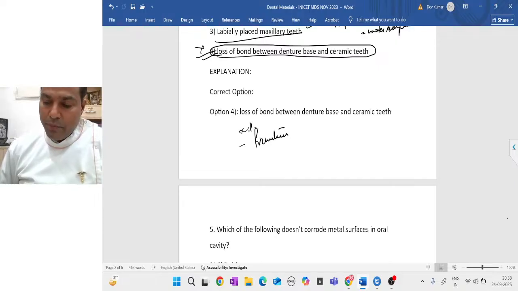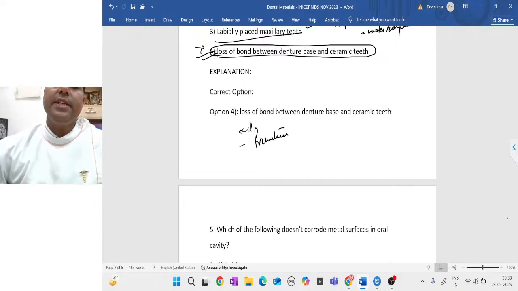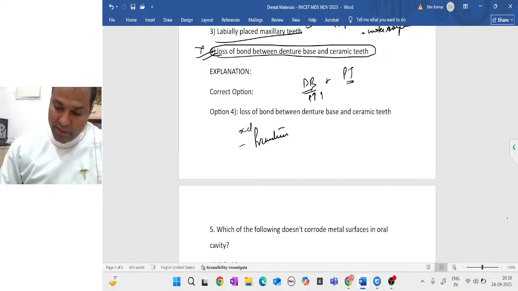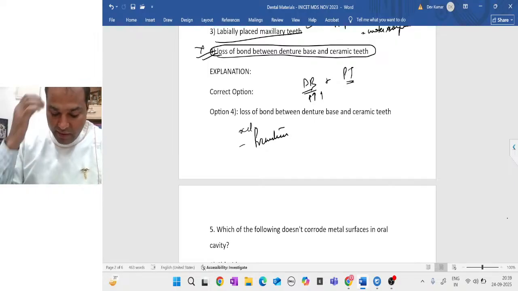Also, as I told, the denture base and the porcelain teeth: the denture base has its own contraction and thermal expansion, and the porcelain teeth have their own thermal contraction. So internal stresses might develop at the interface.